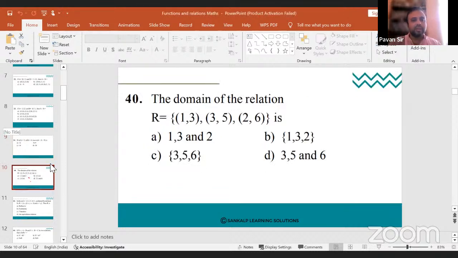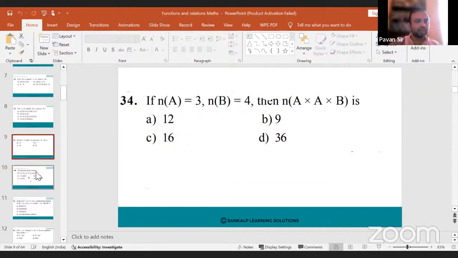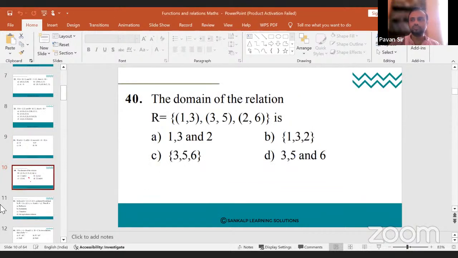Next one is, the domain of the relation R, which is 1, 3, 3, 5, and 2, 6, is what? The domain of the relation R. So, domain of the relation.